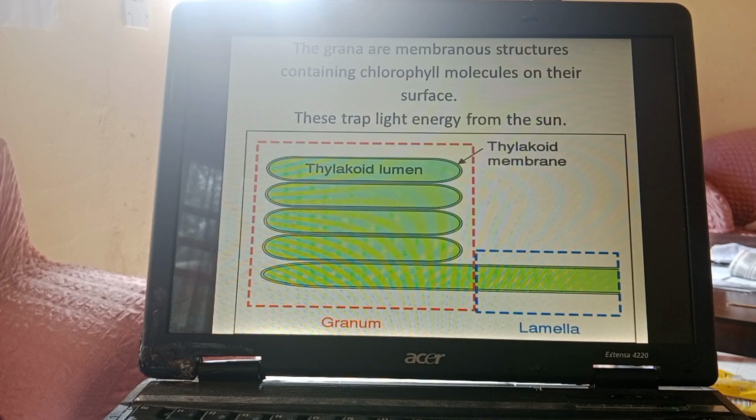So you are shown there the thylakoid membrane, thylakoid lumen, and you have the red shows you the area which is known as the granum. That is singular, plural grana. Then we have lamella. Remember the leaf lamella. Lamella is singular, plural is lamellae.